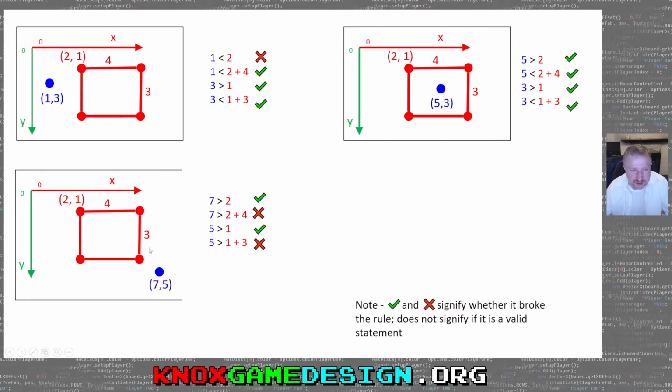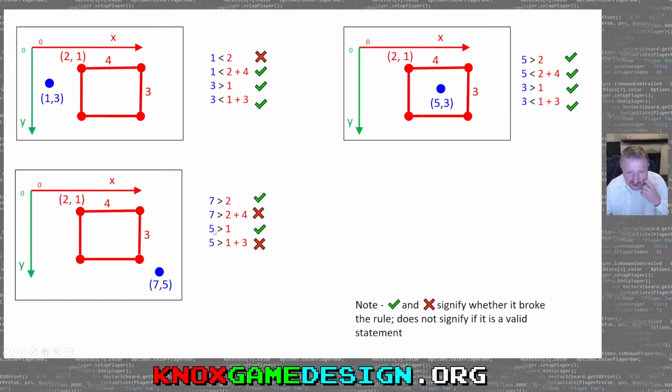So then in this lower left-hand corner, we've got a 7, 5. In this one, 7 is greater than 2, so that validates that rule. 7 is greater than the rectangle's x plus width, so that invalidates that rule. It doesn't meet the requirements. It should be less. So that's an x.